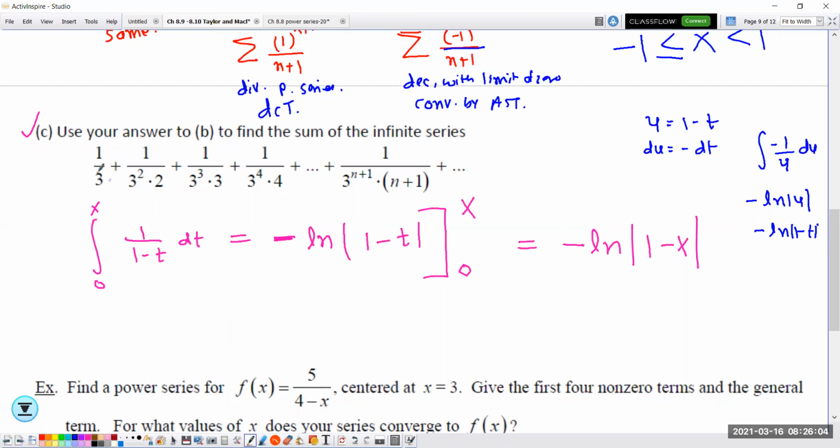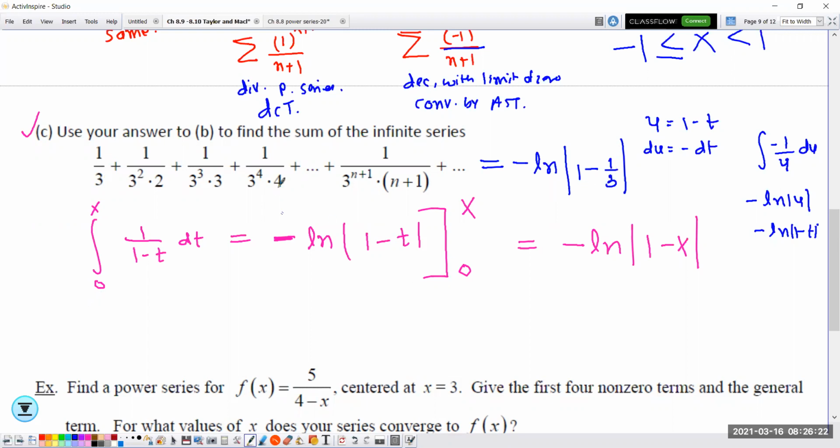Anyway, so let's compare. What's the answer for this now? What's the x value? 1/3, right? Is it x equals 1/3?